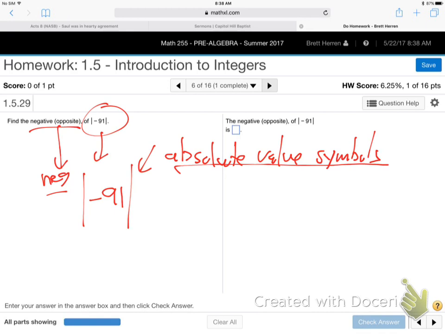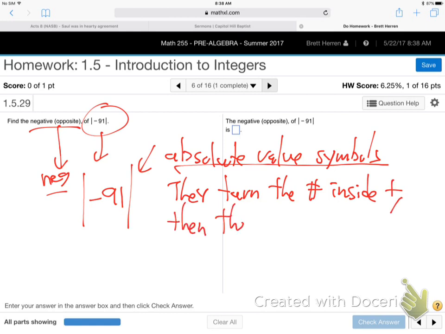And what do you do with absolute value symbols? They turn the number inside positive, then they vanish. So what the absolute value symbols do is they make the thing inside positive and then they vanish.